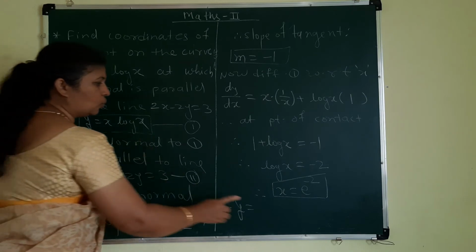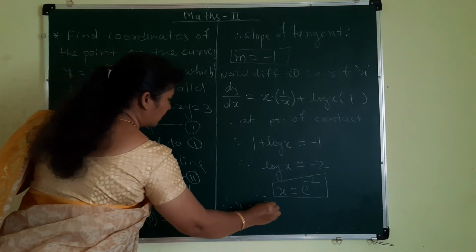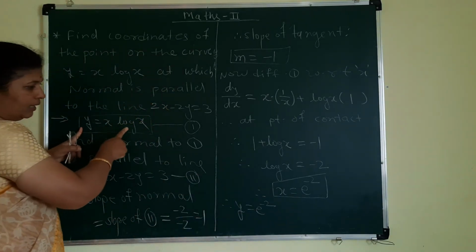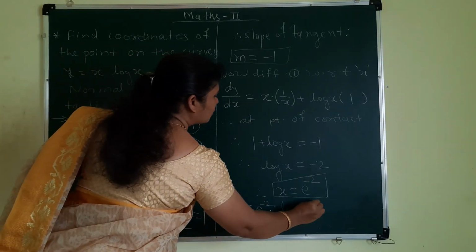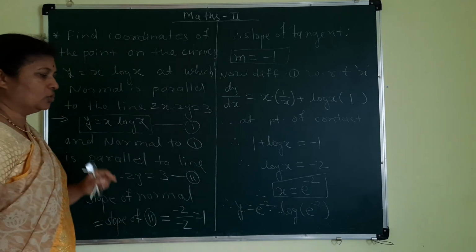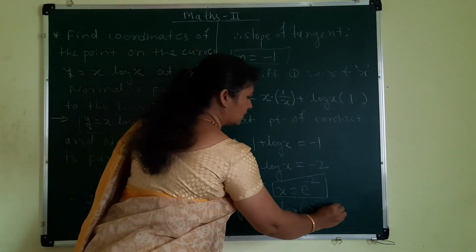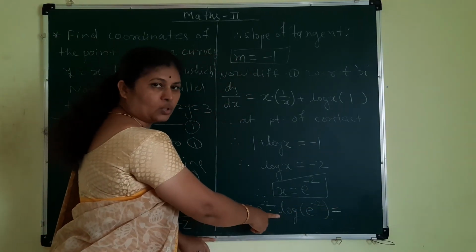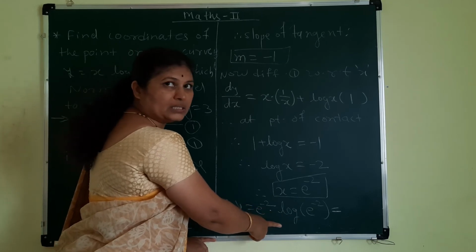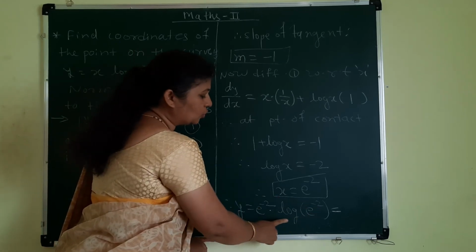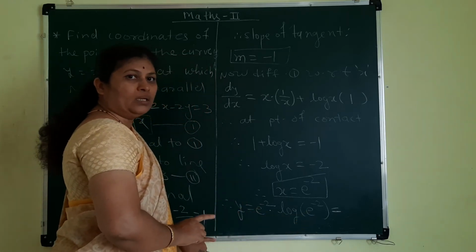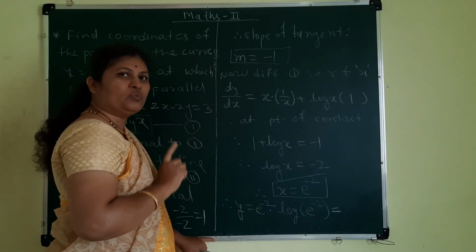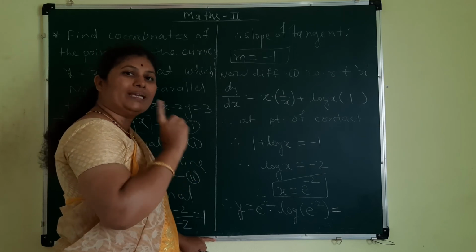y is equal to e raised to minus 2, the value of x, into log of e raised to minus 2. So this is equal to, if you know the rules of logarithm, minus 2 times log of e. And what is the value of log of e? In our mathematics, we are taking logarithm to the base e.